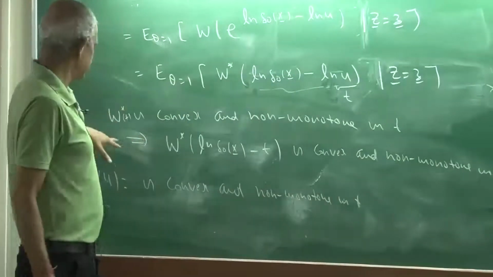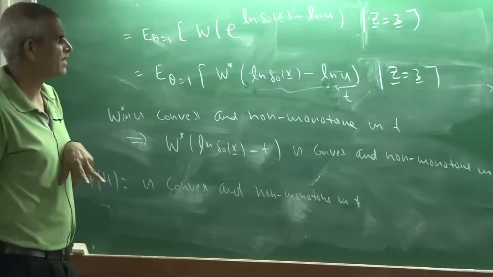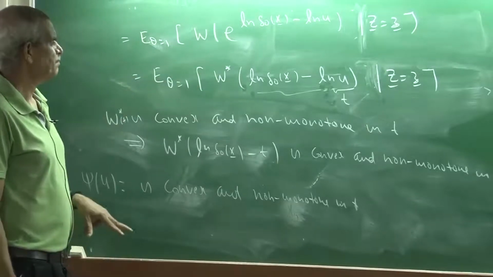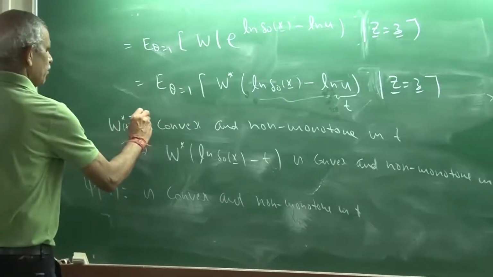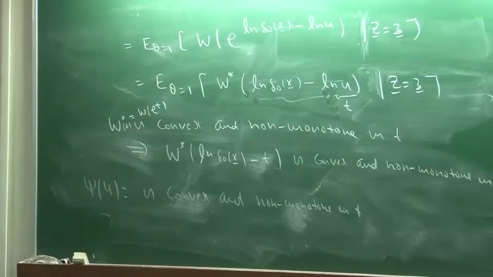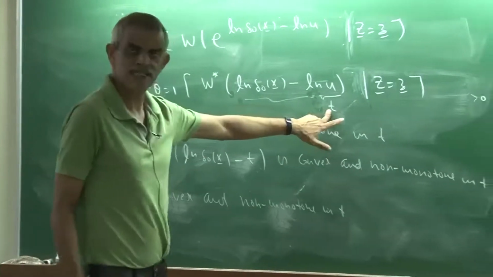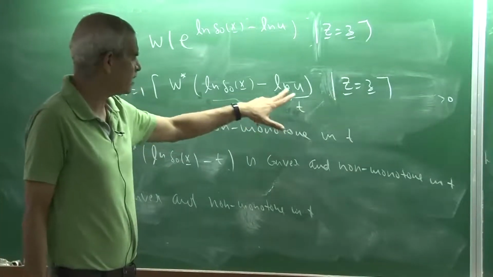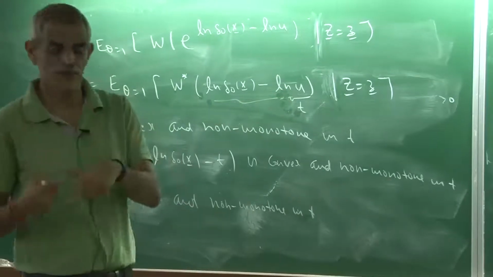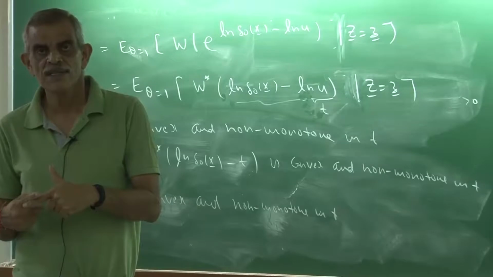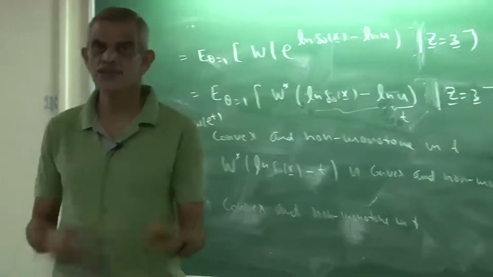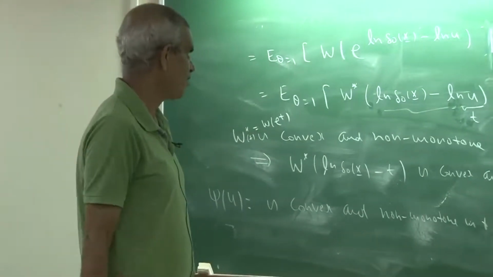That just follows from this, because once I have assumed that W of e to power t is convex and non-monotone, where W star t is nothing but W of e to power t, I'll be able to find a minimizing t for any fixed z. If I'm able to find the minimizing t, which is equivalent to finding the minimizing log of u, you can get the minimizing u, because log of u and u are one-to-one functions.